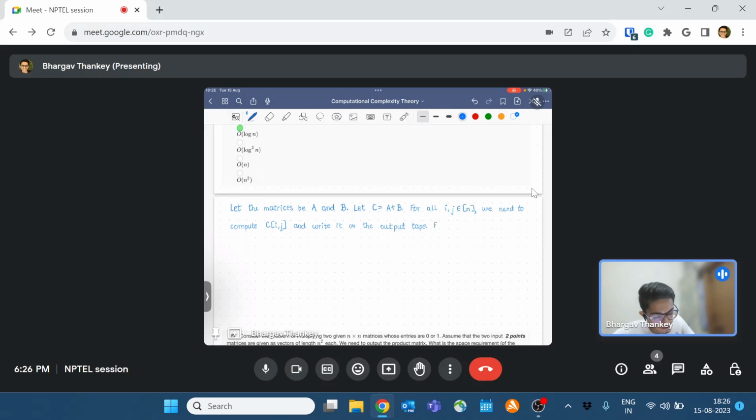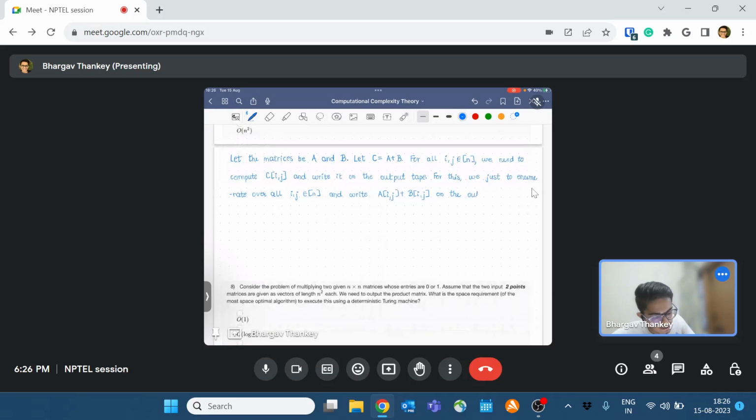Now notice that for this, we need to enumerate over all i, j in [n] and write a_ij plus b_ij on the output tape, right?